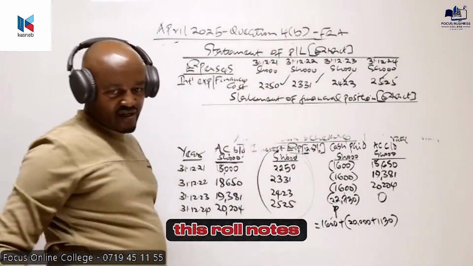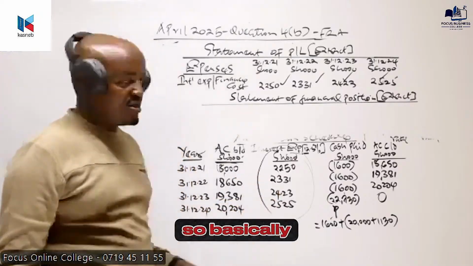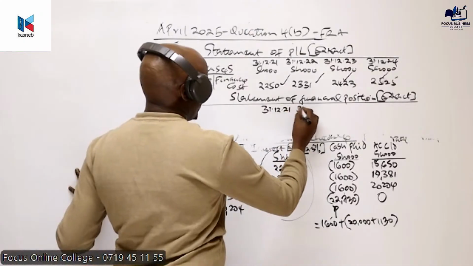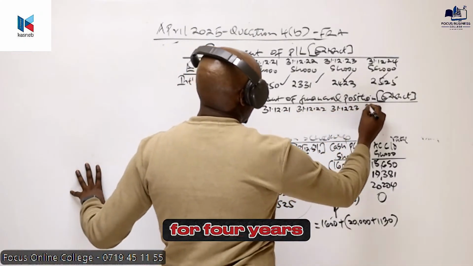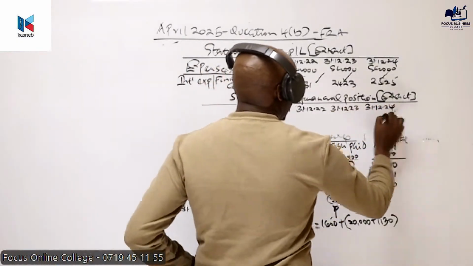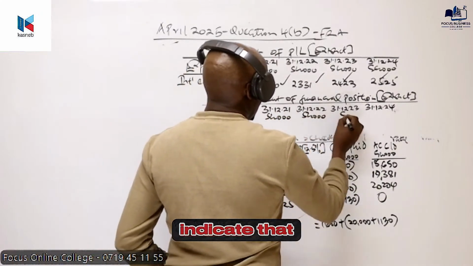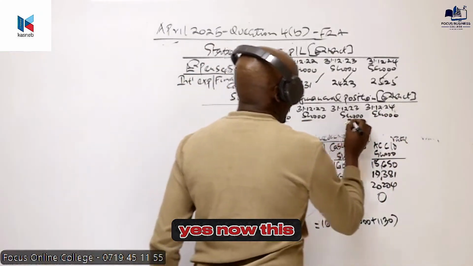And remember, we have said that these loan notes which were issued by our company are a liability. So remember you need to prepare these for 4 years, and also we need to indicate that our figures are in thousands of shillings.